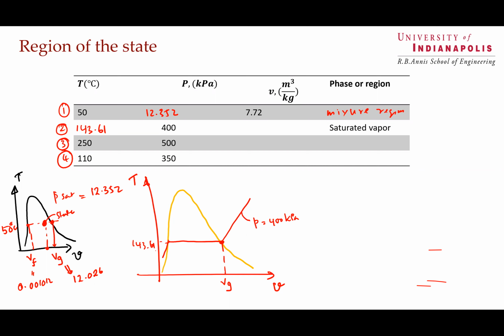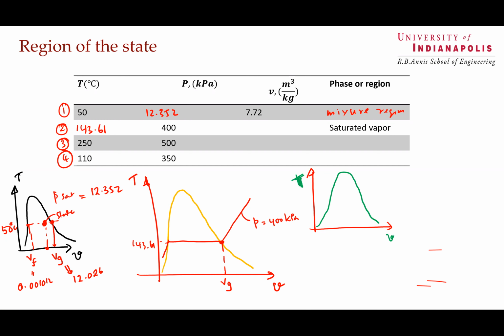And the next one up is 250 degrees Celsius and 500 kPa. I would first go to the pressure table because I find that easier than looking at the temperature table. Now I can draw that envelope, again on a TV diagram, sorry, TV diagram.